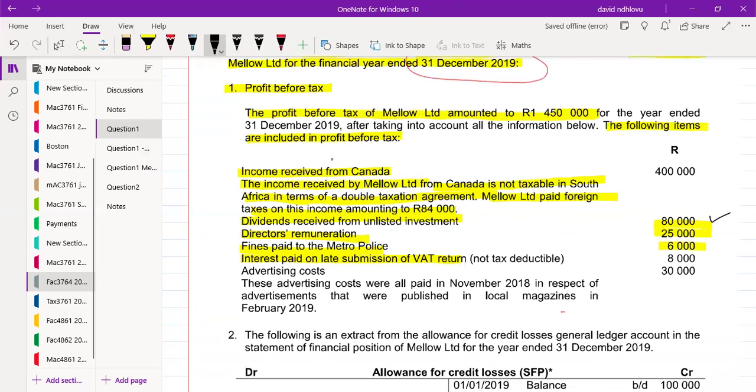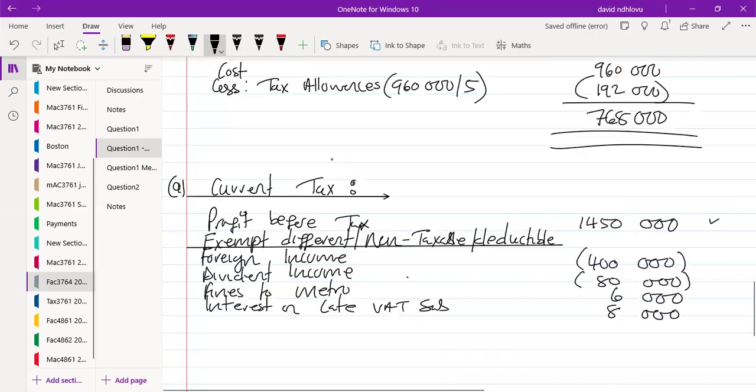So these are the apparent ones that were given. But remember, we also have 20% of capital gain. What is a capital gain, good people?